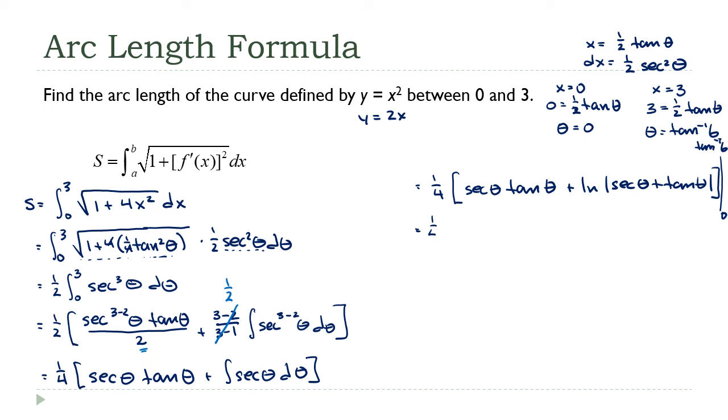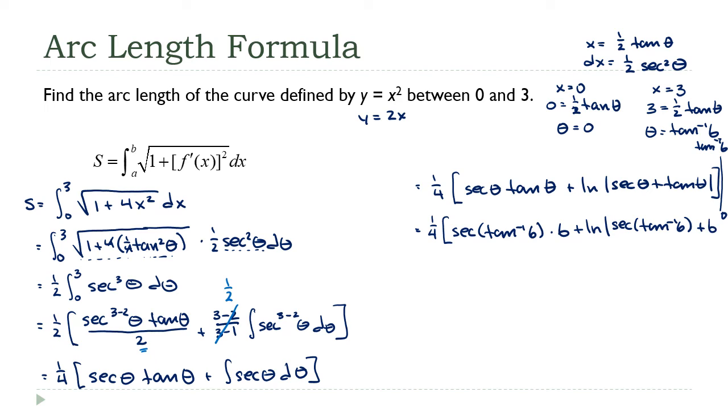This is 1/4 secant inverse tangent of 6 times the tangent of the inverse tangent of 6. That's just 6. Plus the natural log of the secant of the inverse tangent of 6 plus, again, the tangent of the inverse tangent.